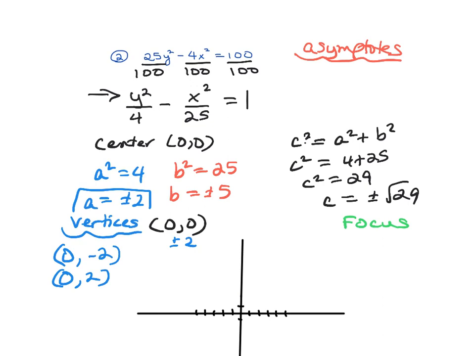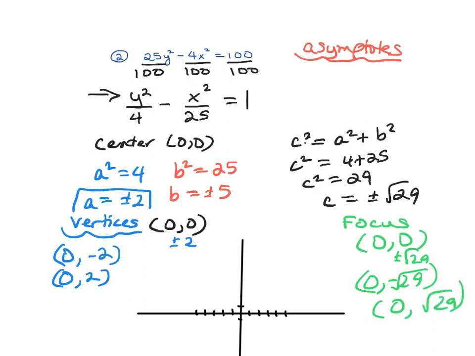For the focus points, I'm going to do the same thing. Take the center, add and subtract root 29. So 0, negative square root 29 and 0, positive square root 29.